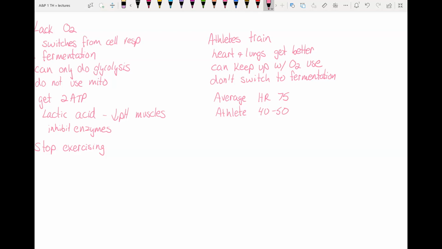That's an indication that their heart is really strong and really healthy, because their heart is so efficient that it doesn't have to beat as much when they're at rest. So an average adult at rest, just to keep the body alive, has to beat 75 times a minute. An athlete's heart is so good at sending oxygenated blood that when the athlete is at rest, their heart only has to beat 40 times a minute to keep the body going.